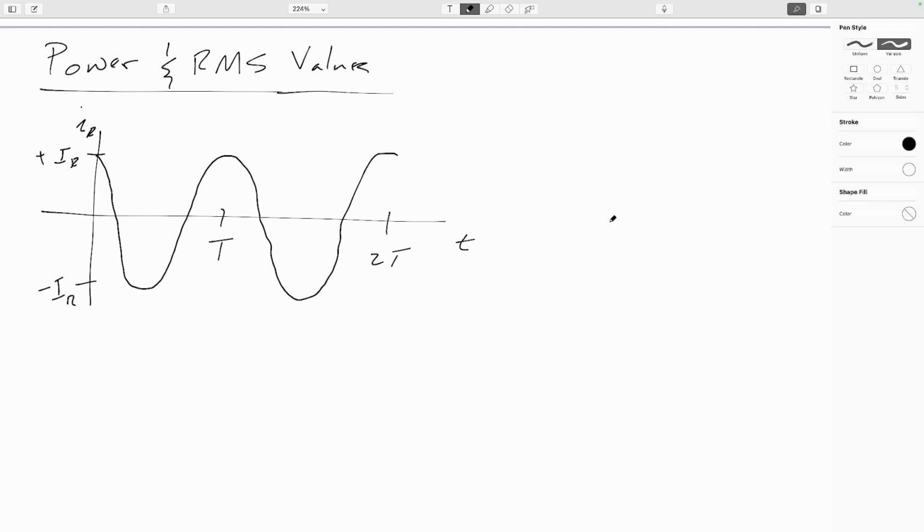We resolve that the same way we resolved the issue back in thermodynamics when we talked about the average velocity of molecules. We said that the average velocity of air molecules in a room was 0, but that wasn't too useful. So what we used instead was, on average, how far away are you from 0?